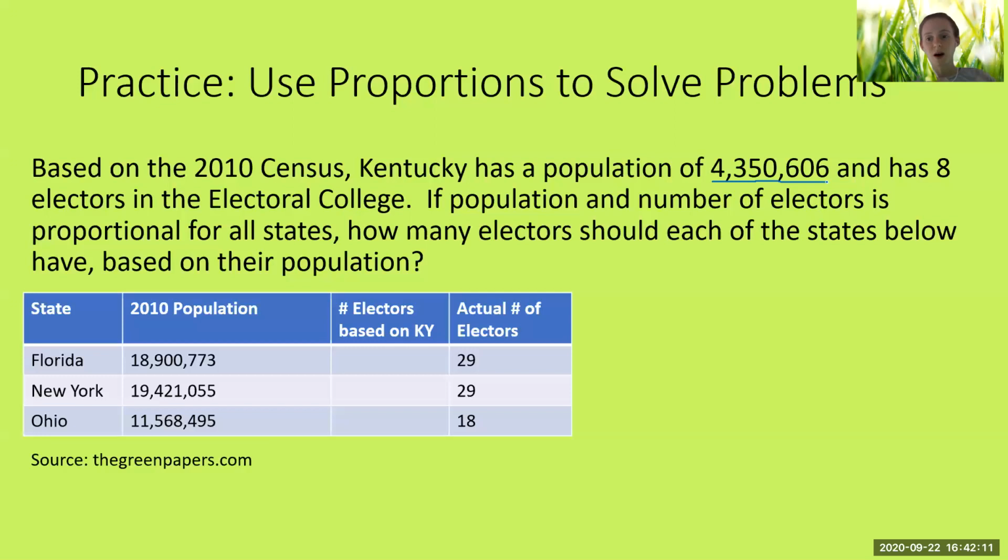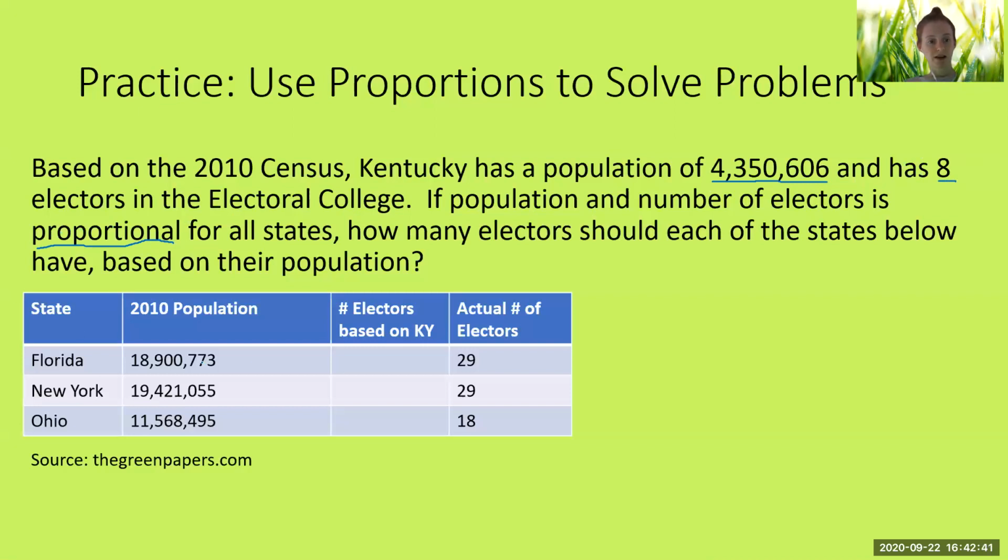So Kentucky has a population of 4,350,606, and it has 8 electors in the Electoral College. If population and number of electors is proportional for all states, so if all states have the same relationship between population and electors as Kentucky, how many electors should each of the states below have based on their population?